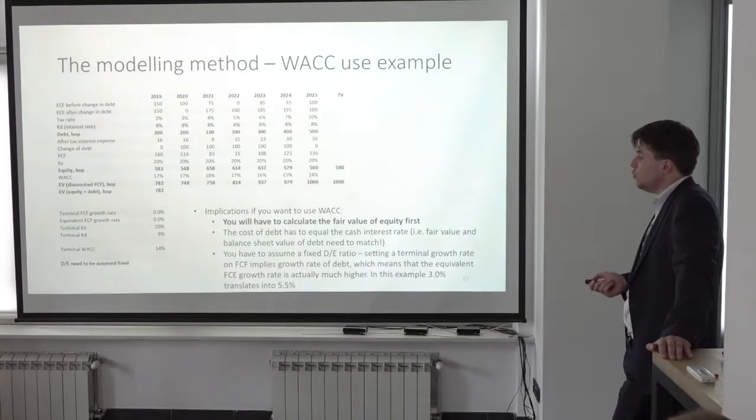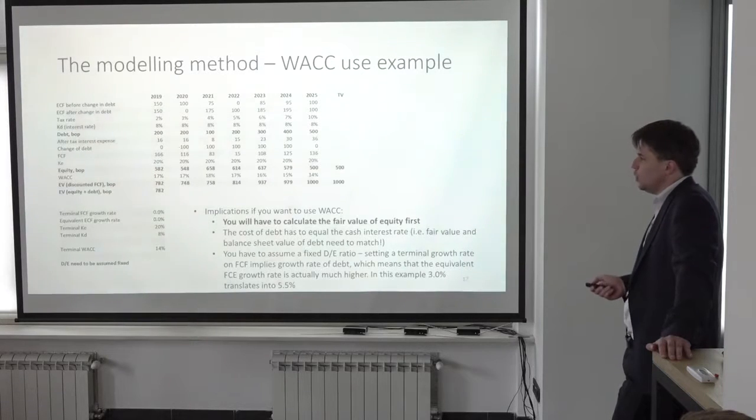If you look at what people do, just take any company and open it. 95% of the time they're going to be using the free cash flow to firm. They're going to be using some sort of a stable WACC, and they're going to be wrong. You have to calculate the fair value of equity first in order to use the WACC. Well, if you're going after equity value, why would you calculate equity value first and then look at the WACC and then discount one more time?